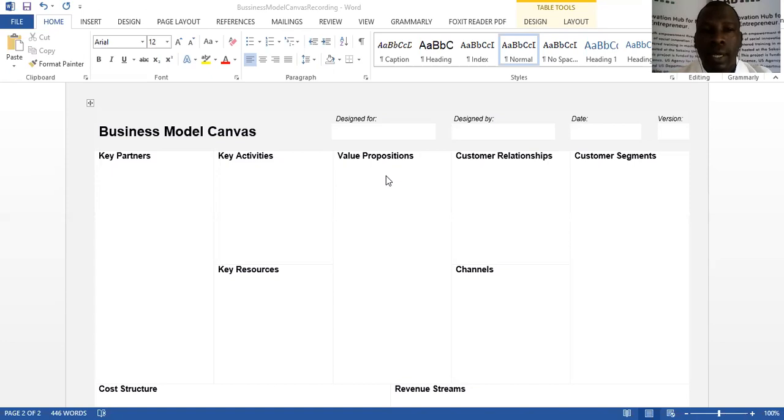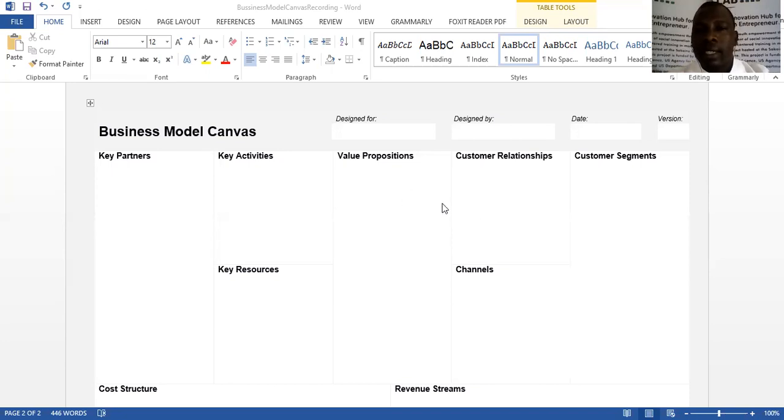Also the key partners, which gives the people or the companies that will partner with your business, for example the key suppliers, the key consumers. But also the key activities of your business. This is the core. Before you start, you have to identify the key activities that your business will perform to deliver the value.